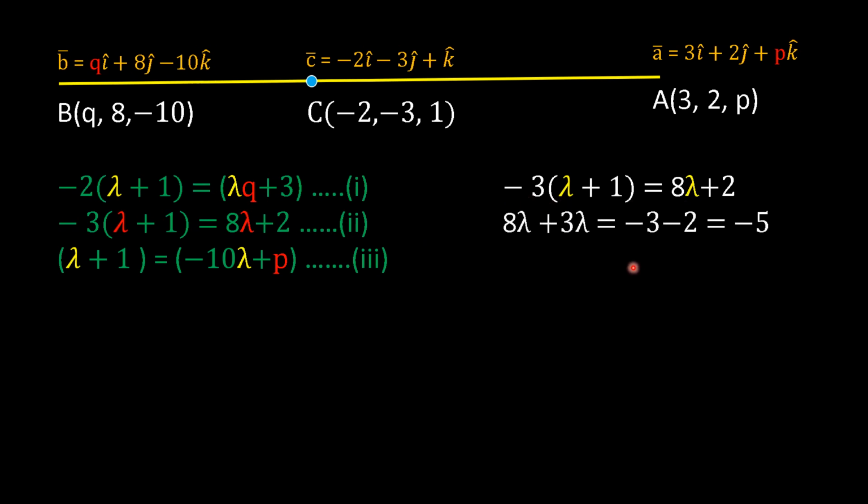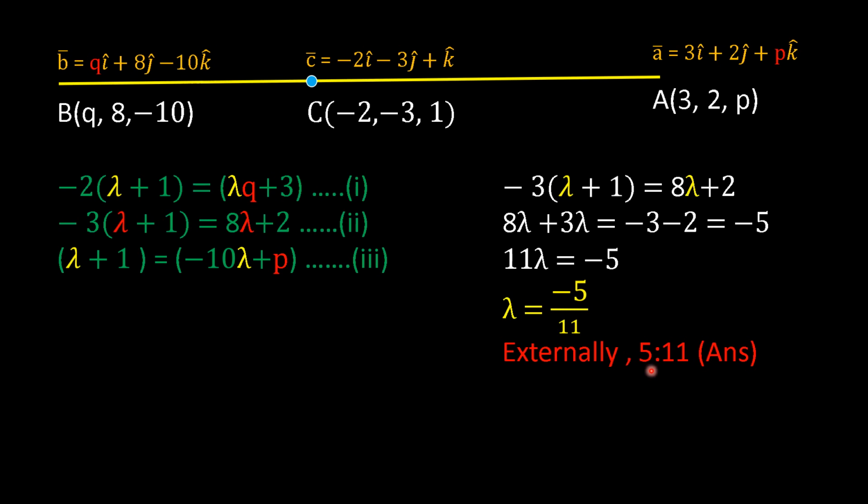So it will be 8 lambda plus 3 lambda equals minus 3 minus 2, which will be minus 5. So 11 lambda is minus 5, so lambda will be minus 5 by 11. Here the negative sign suggests that point C divides segment AB externally in the ratio 5:11, which is our answer.